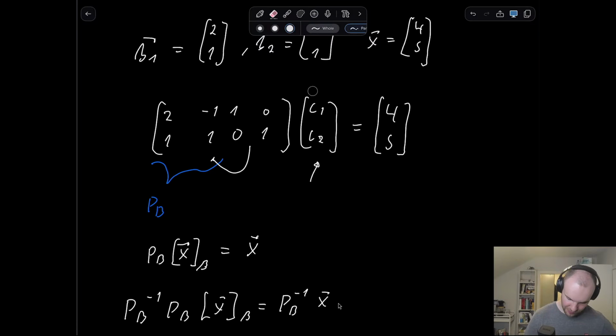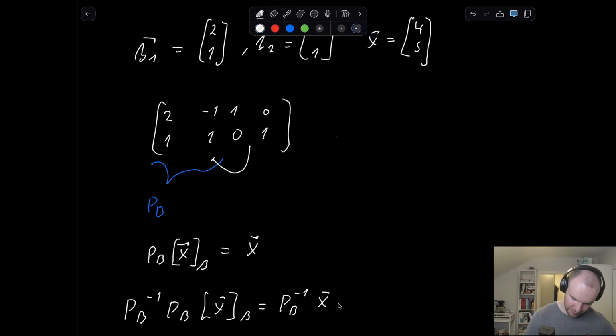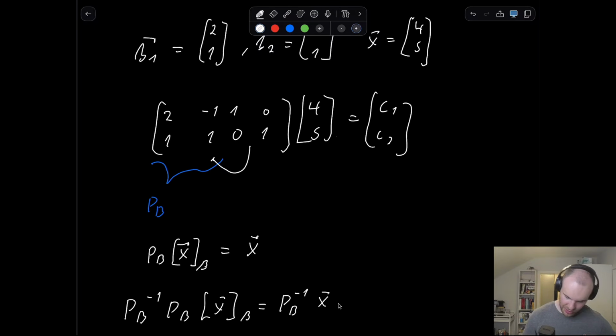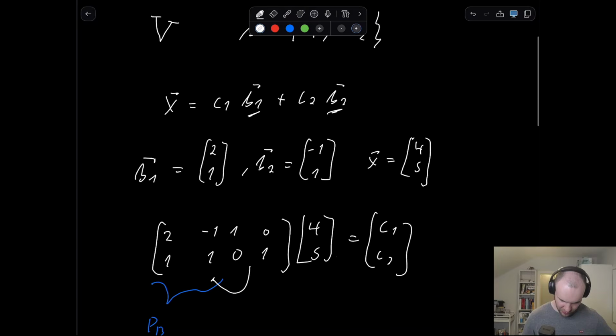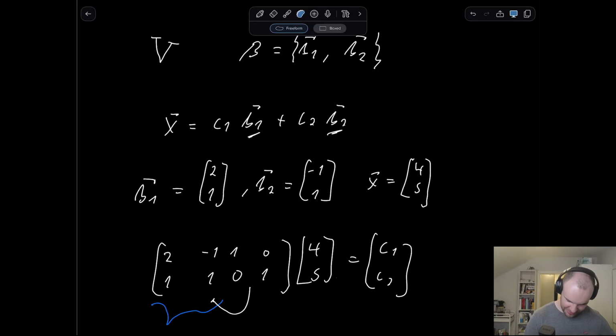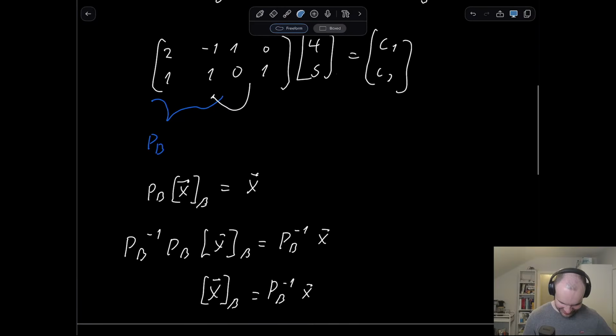And when you have done that, instead of C1 and C2, you can run 4 and 5 through that matrix, and the output would now be C1 and C2. So that's also a very neat and nice way to view this.